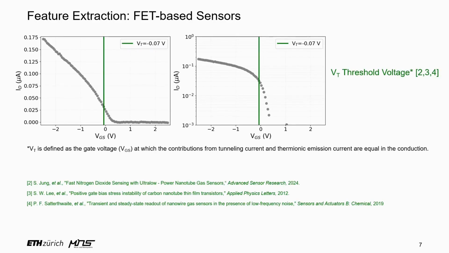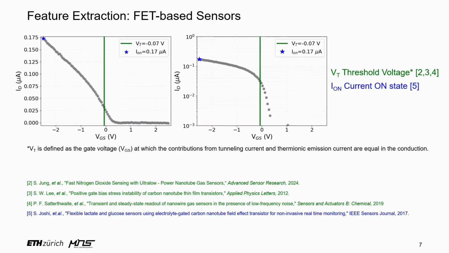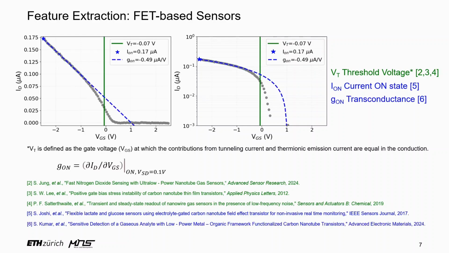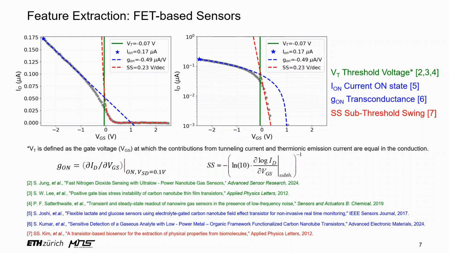For instance, we only tried to extrapolate the threshold voltage over time, and others maybe tried to calculate the current in the on state, so the current at the maximum conductance point. Others only considered the transconductance, which is defined as the current slope in the on region, or the linear region in our case. Others focus only on the subthreshold swing, which is defined as the inverse of the slope of the current on a logarithmic scale in the region below the threshold.